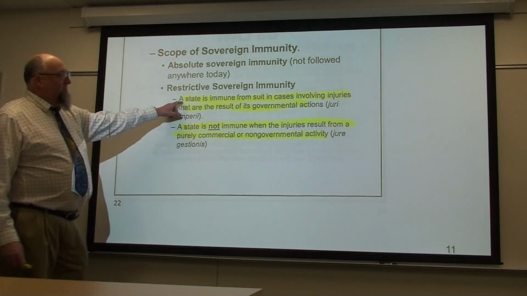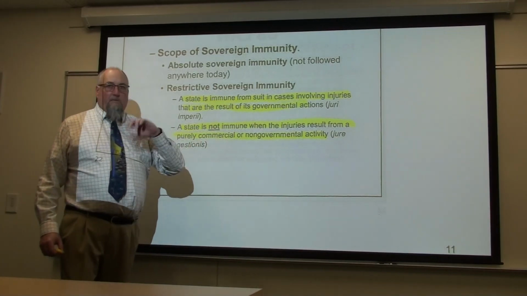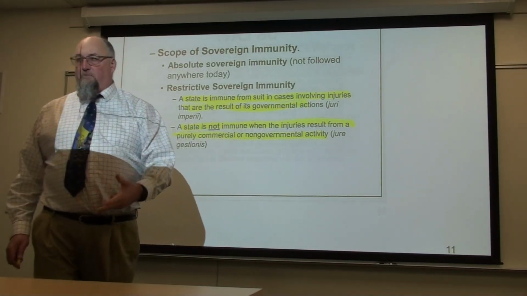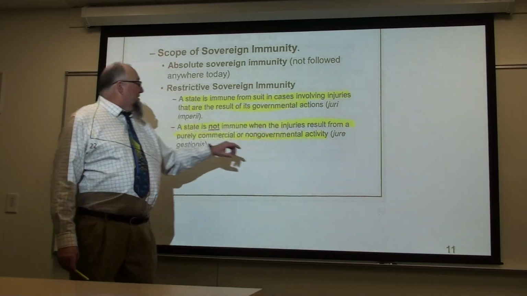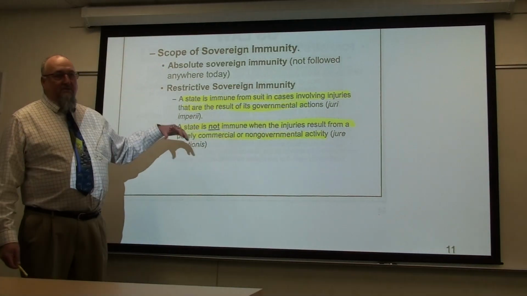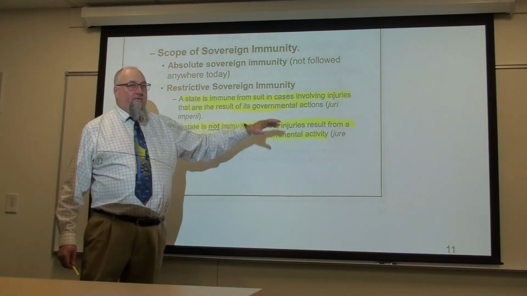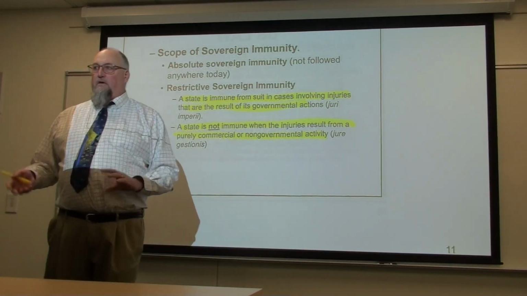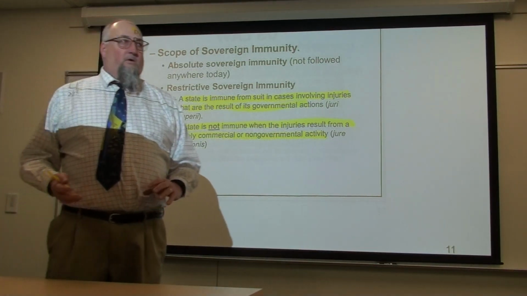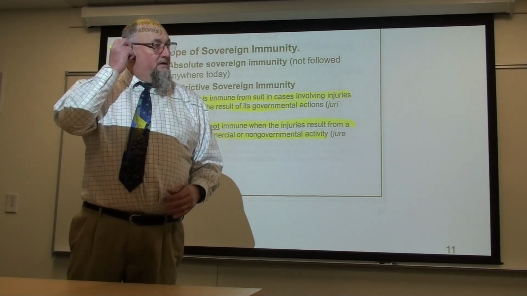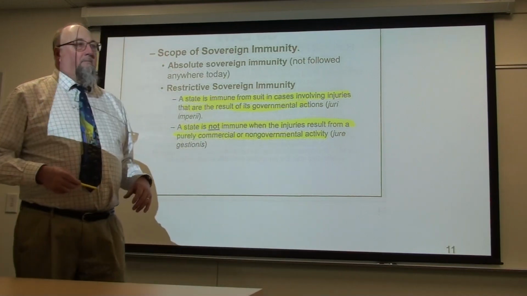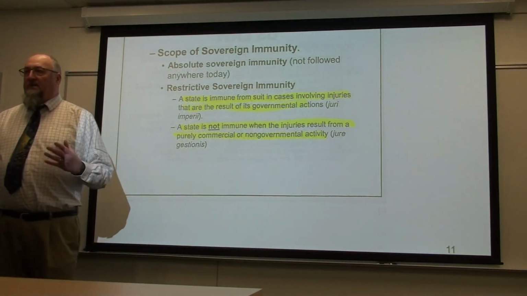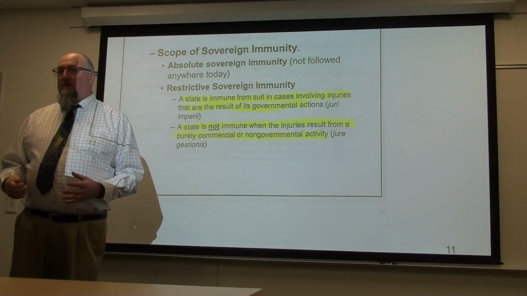A state is still immune, meaning it may not be sued, nor may its assets be seized, in cases involving situations that are a result of a purely governmental function. So that would be international diplomacy, potentially military activity, things that are of a governmental quality.